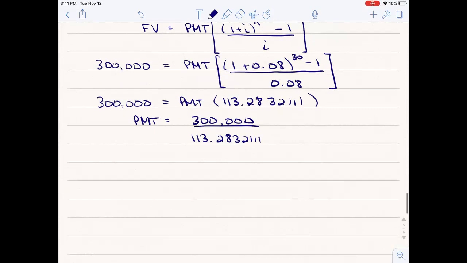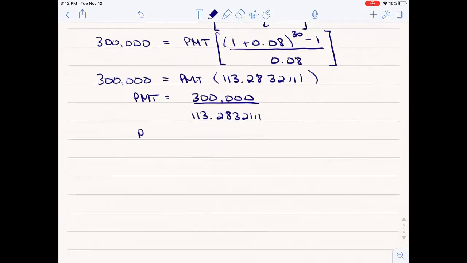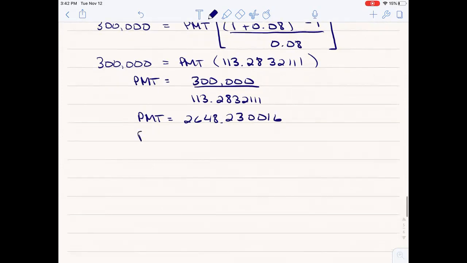There. 300,000 divided by the previous answer, I get a PMT of 2,648.230016, which we have to round to 2 decimal places because it's money: 2,648.23.